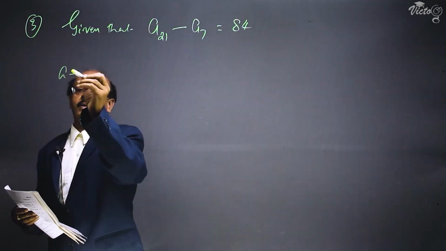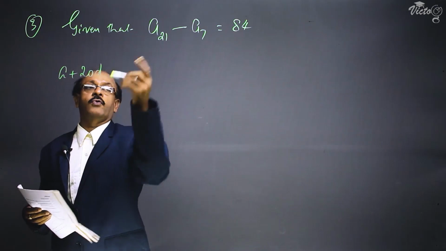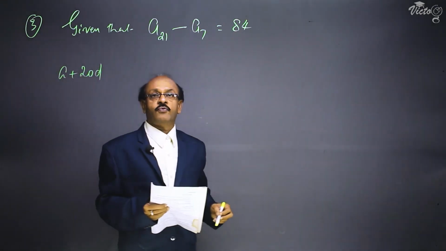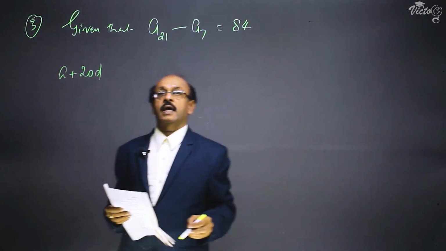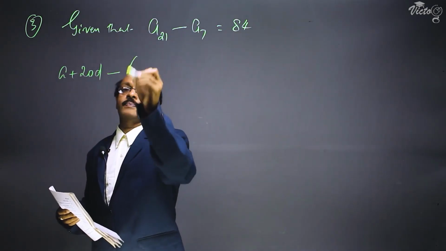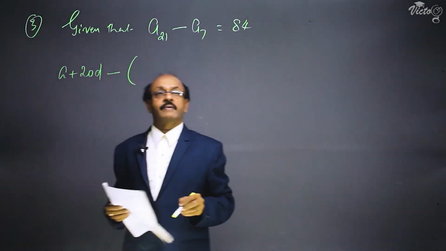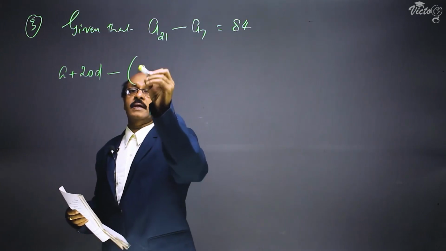That means, the formula for finding the 21st term A21 is A plus 20D, minus A7, the 7th term, is A plus 6D.